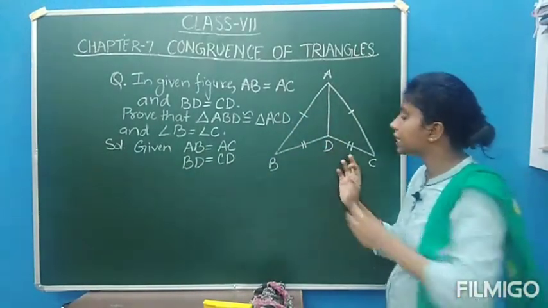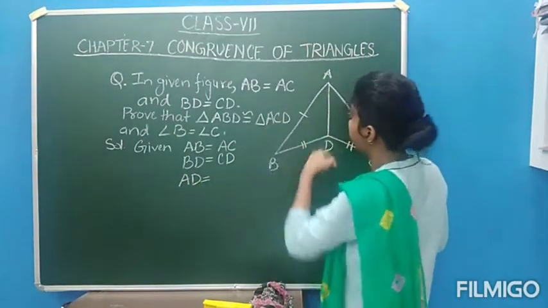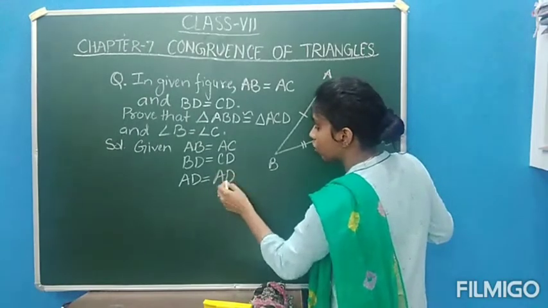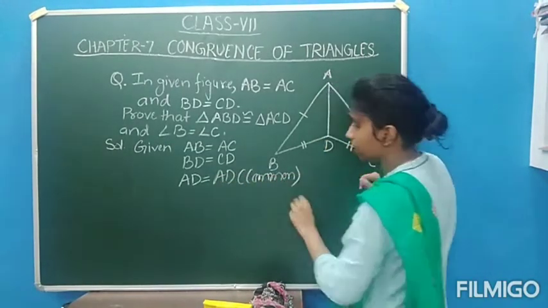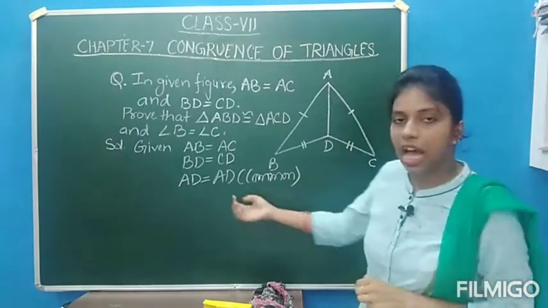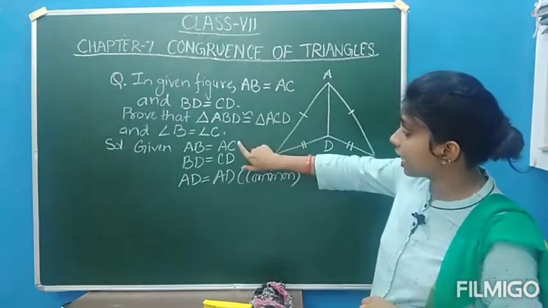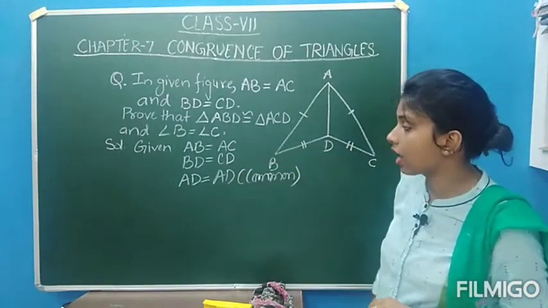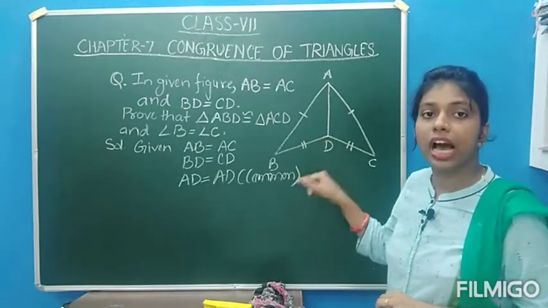After that we can see that AD is equal to AD. How? It is common, because this side is common in both triangles. So now we have three sides equal in these two triangles. So we can say that they are congruent.